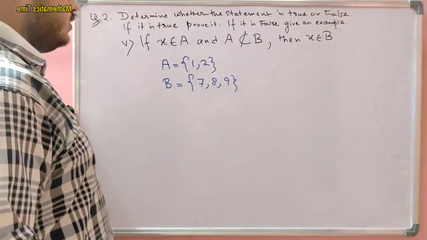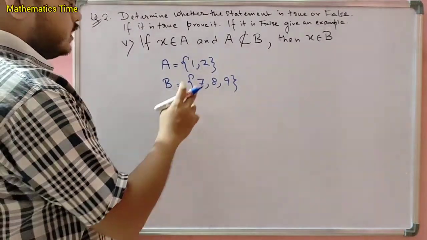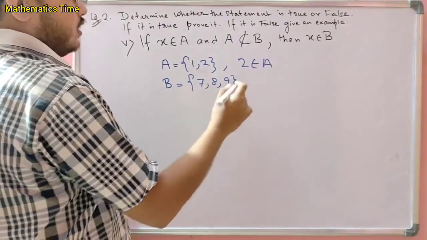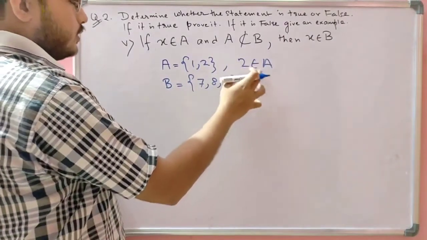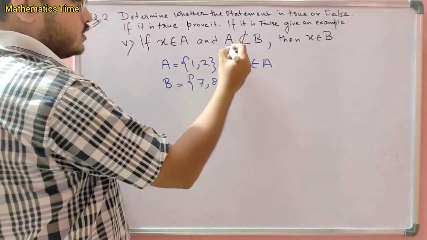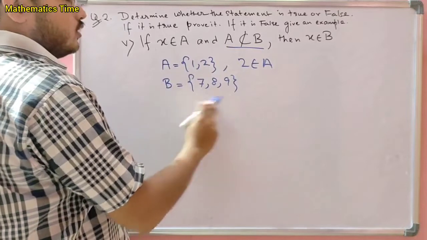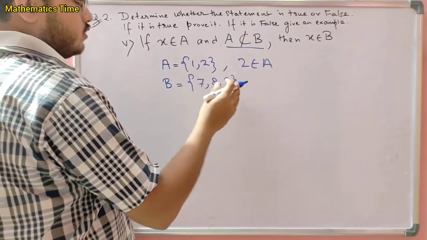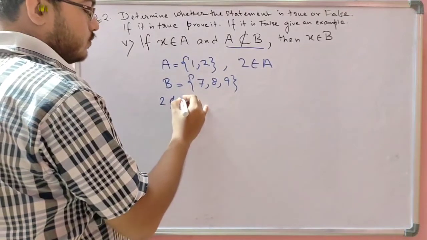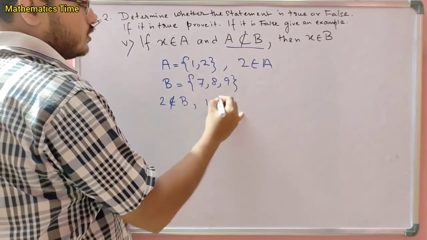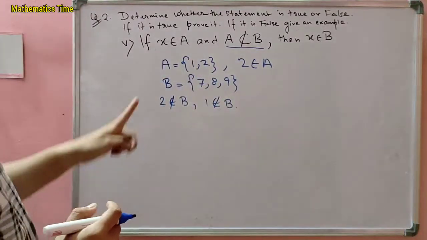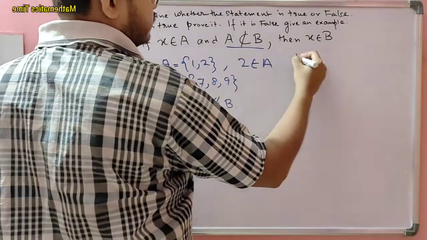Clearly 2 belongs to A, and 2 is an element of A. This condition also satisfies: A is not a subset of B, and we can see that 2 does not belong to B, neither does 1. Neither 1 nor 2 is an element of B. So the statement is false.